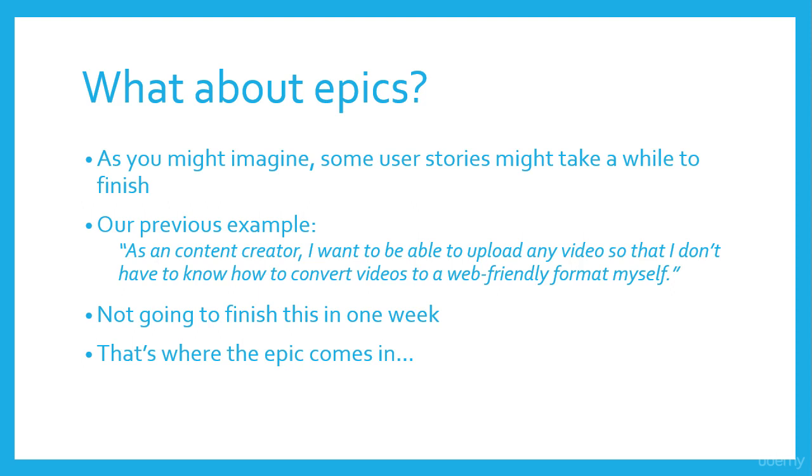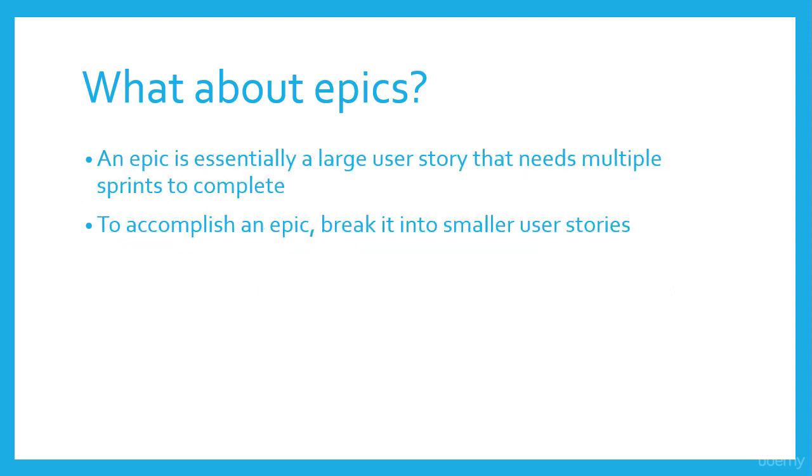That's really not something that's going to happen in a week. It's probably going to take longer to actually create that functionality. So that is where the epic comes in. So an epic is essentially a really large user story that needs multiple sprints to complete.